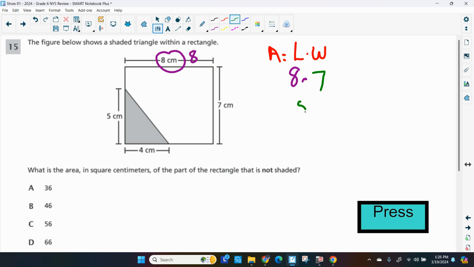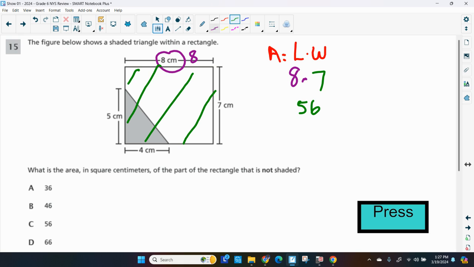So if I multiply those together, I'll get 56 square centimeters. Now, that's the area of the whole thing. I don't want the whole thing. I just want this little green triangle to disappear, because all I want is the white part of the rectangle.